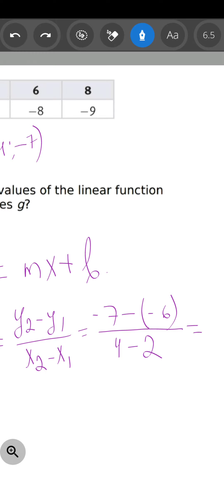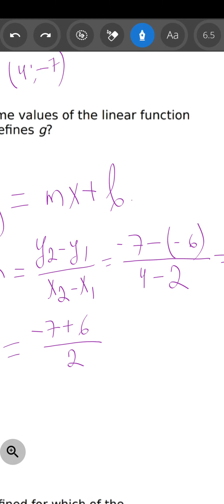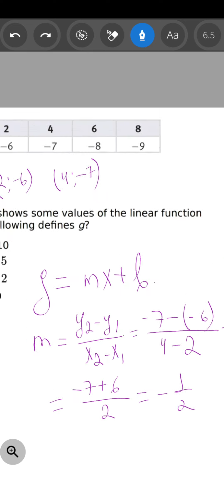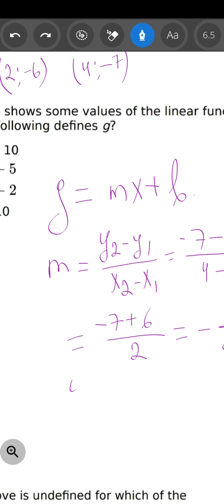And let's simplify this expression. It will be -7 plus 6 over 2, and it's equal to -1/2. And our equation will be in the following form: g equals -1/2 x plus b.